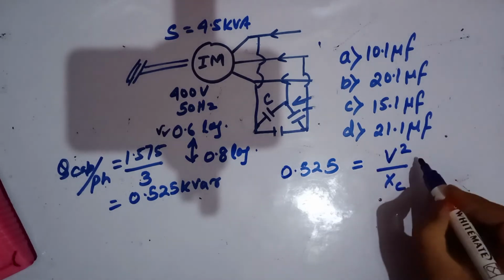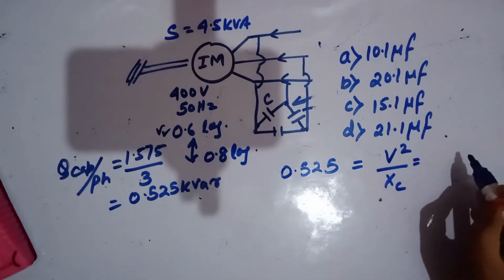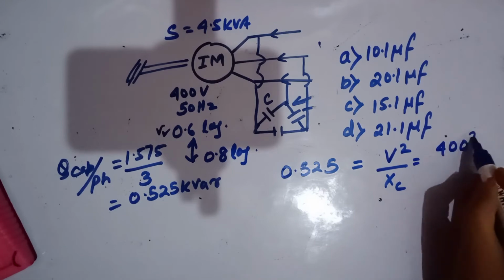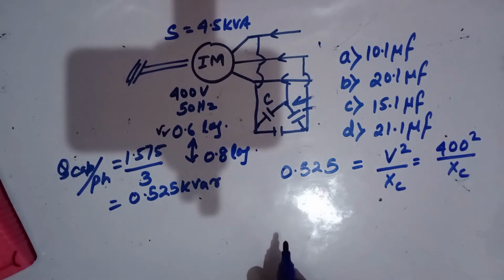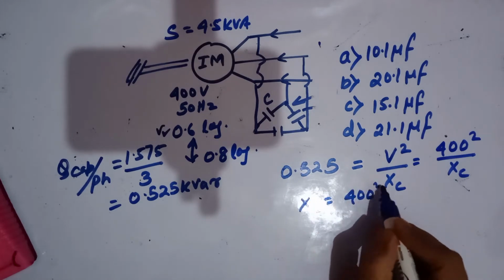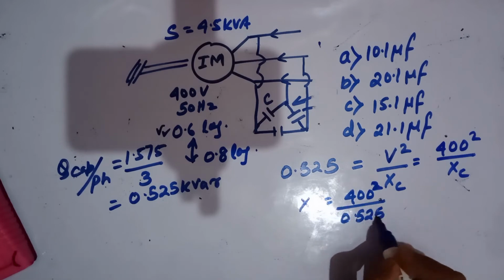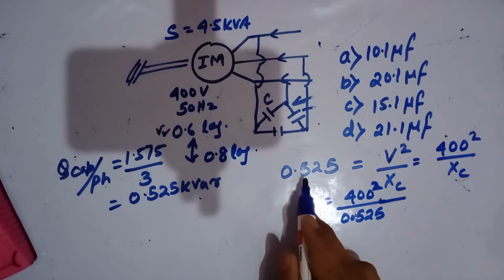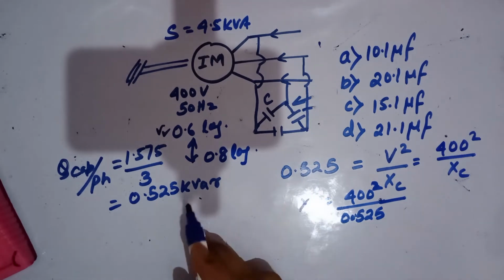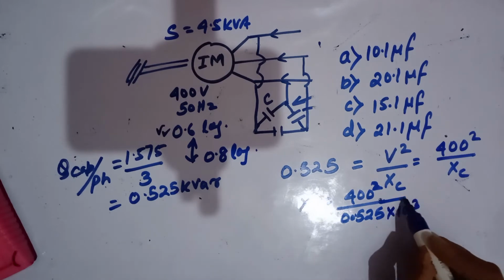V square is 400 square, so that is 400 square upon XC. So you will get XC equal to 400 square upon 0.525, and you should keep in mind that this is in kVAR, so multiply it by 10 to the power 3.